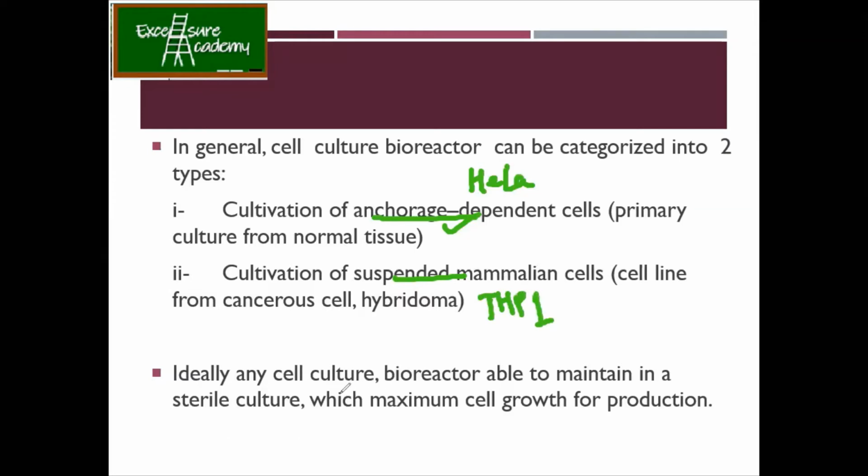Now, ideally, any cell culture bioreactor should be able to maintain a sterile culture with maximum cell growth for the production. This is of course true, because in the last class we discussed that bacterial contamination can be there. That is very easy to come, right? When you're working in the laminar hood, I have already mentioned that so much precaution you have to take.